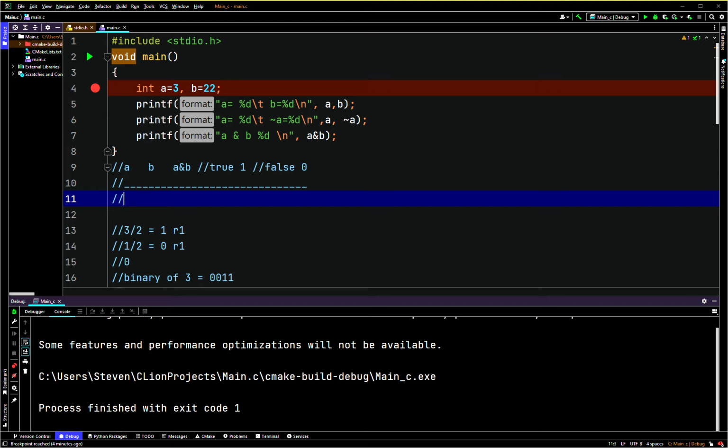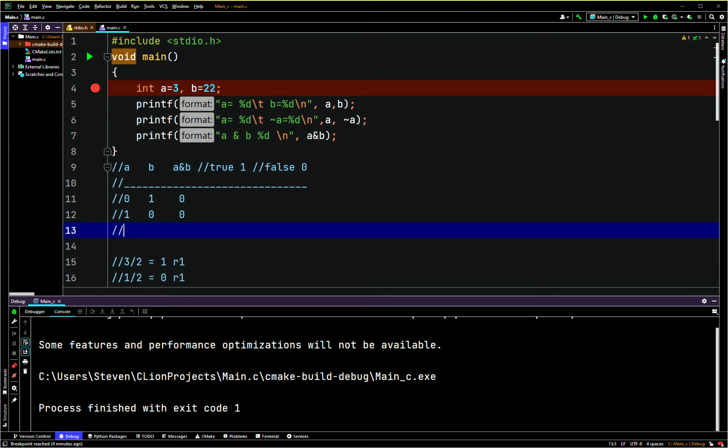Okay, so anyways, we have A. If A is false and B is true, then A and B is gonna be false, because for an AND both have to be true. So if A is true and B is false, then A and B is going to be false, or 0.